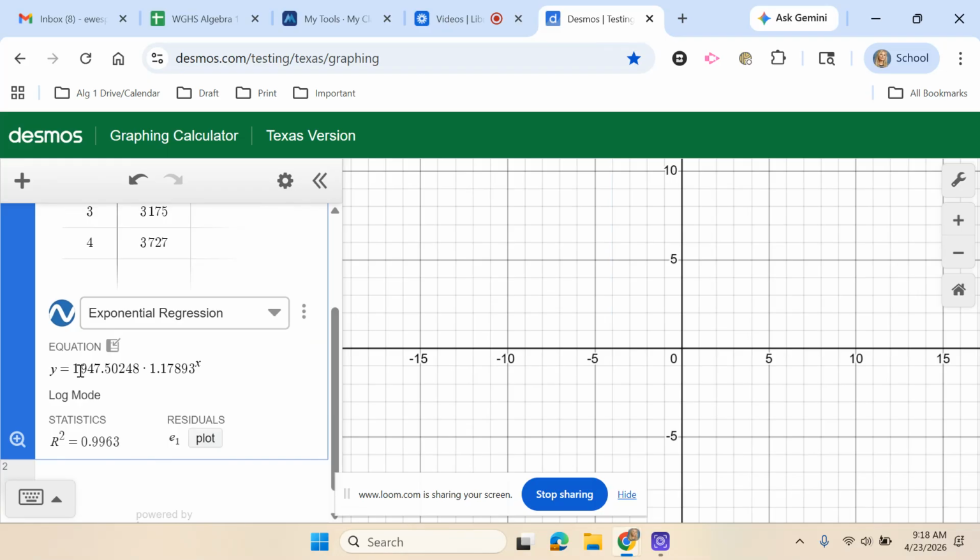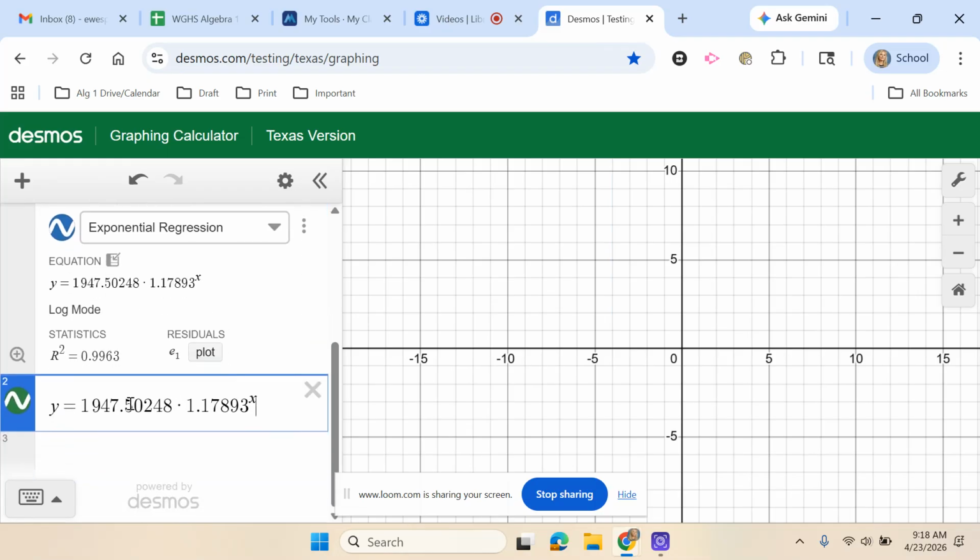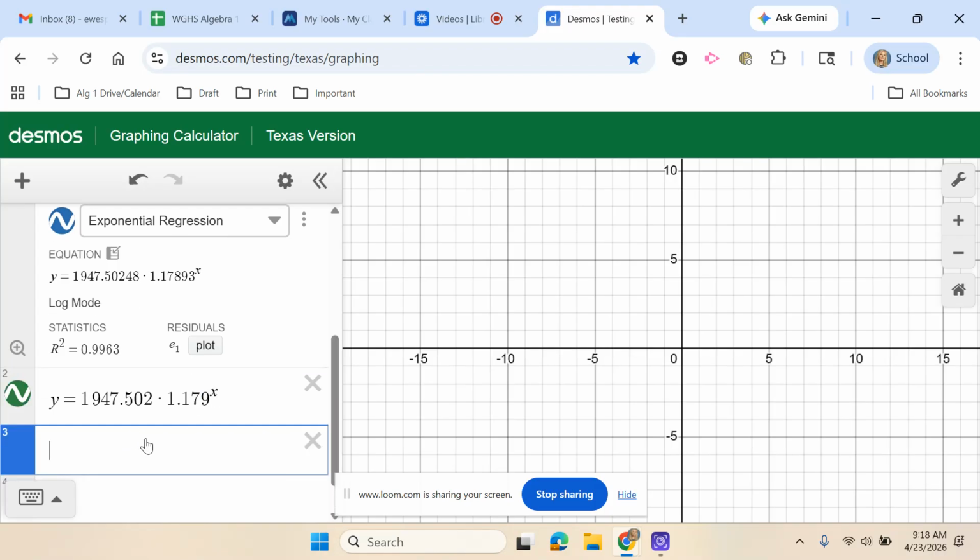And then I'm going to bring it down here, round it to the nearest thousandth, which is going to be 3 decimal places. So 1, 2, 3, that does not increase or decrease. 1, 2, 3, this 9 will round this 8 up to a 9. Okay, so this is going to be our equation.